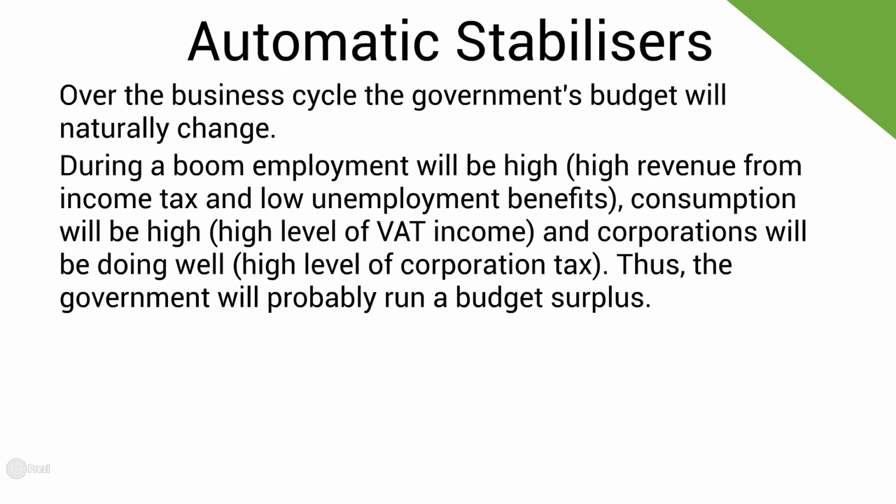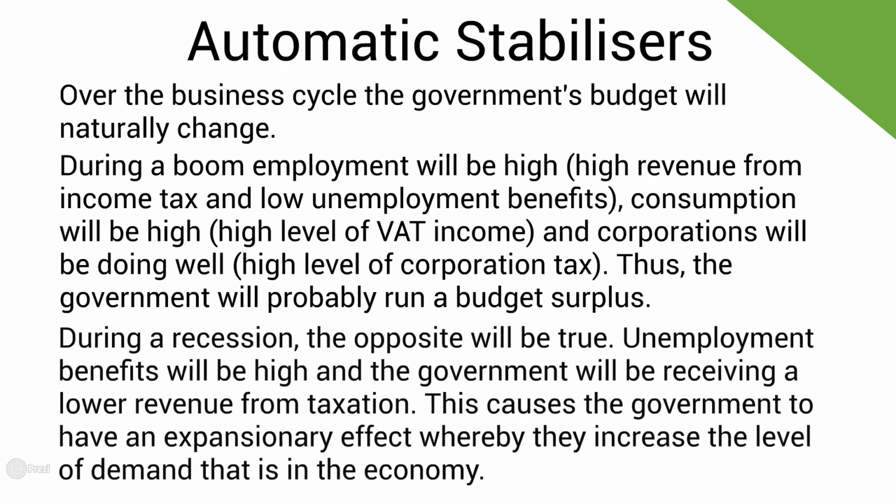This results in the government receiving a large income from taxation and spending a small amount on welfare. This means that they are taking demand out of the economy. During these sorts of periods, the government will be probably running a budget surplus.